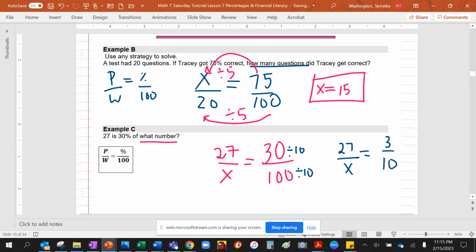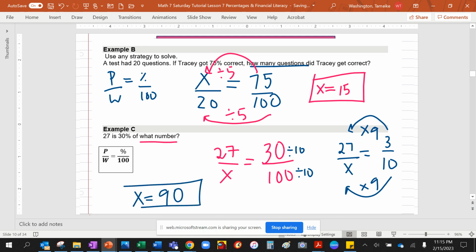Now I can ask myself, how do I get from 3 to 27? I multiply by 9. If I do it to the top, I do it to the bottom. The product of 10 and 9 is 90. So x equals 90. That means 27 is 30% of 90.